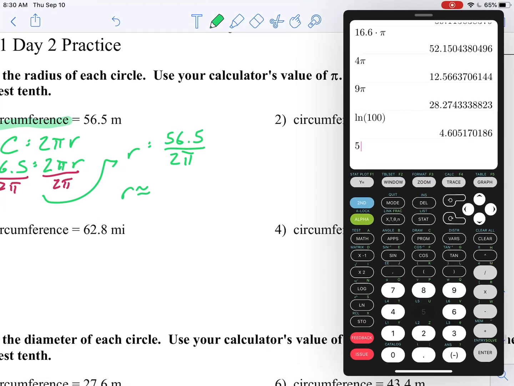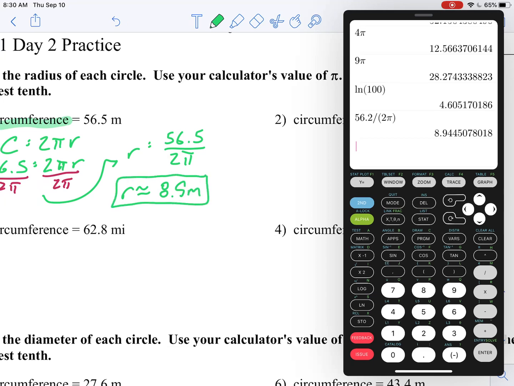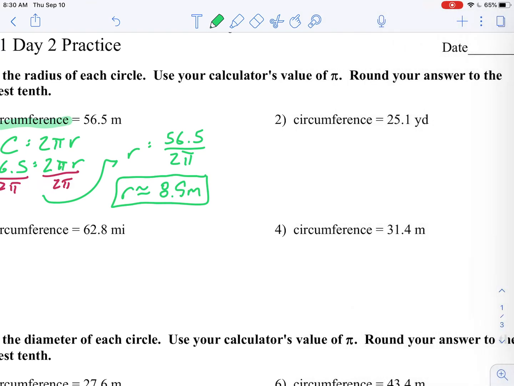There we go. 56.2 divided by, now just one thing, don't forget to put the 2 and the pi in parentheses, so you're dividing by both values. If you don't put parentheses in, it'll only divide by the 2. So we have 8.9, and that is in meters because it's a linear distance.